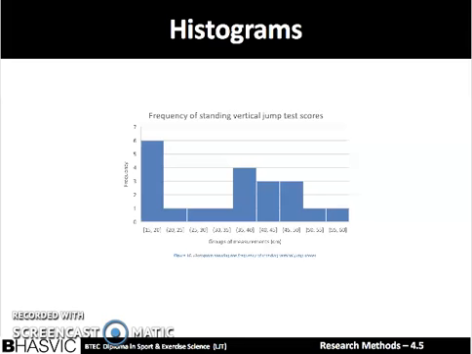For the first bar, you can see that there are 6 values in that 15 to 20 category. There is 1 value in the 20 to 25 category, 4 values in the 35 to 40 category, and so on. It basically establishes how frequent those groupings are, how many values are in those groupings.